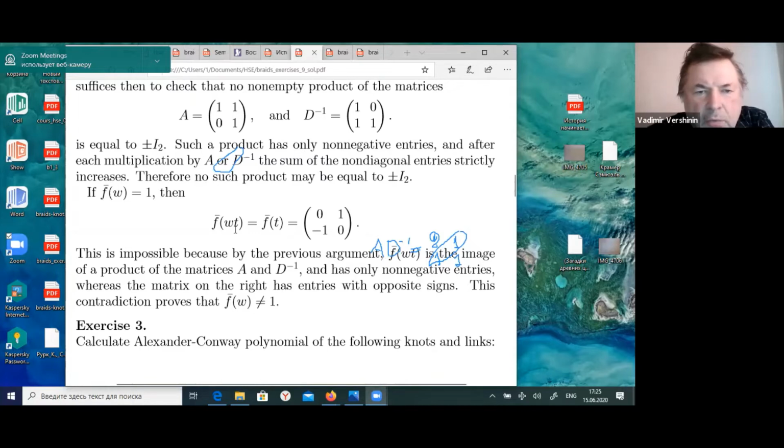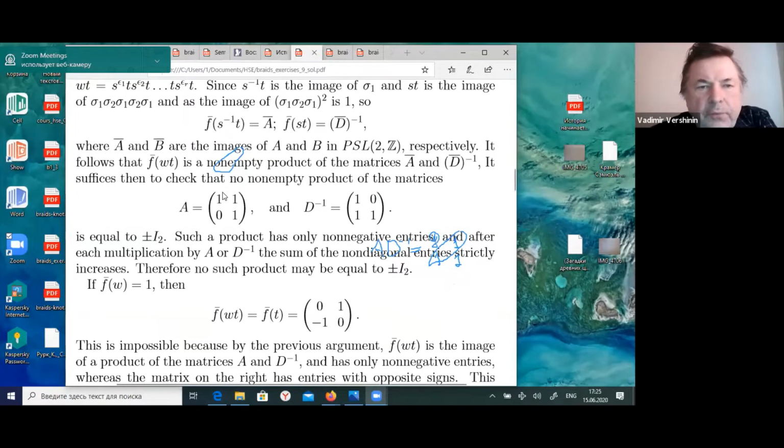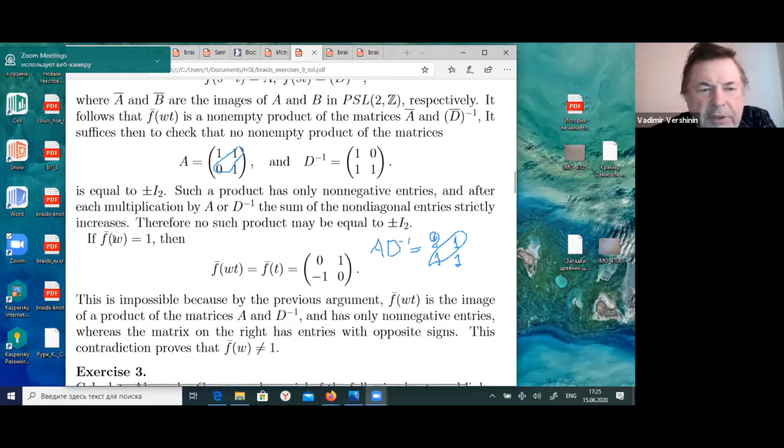So now, what do we have? We proved this for F bar WT, and this is okay. Now, suppose that F bar W is 1.